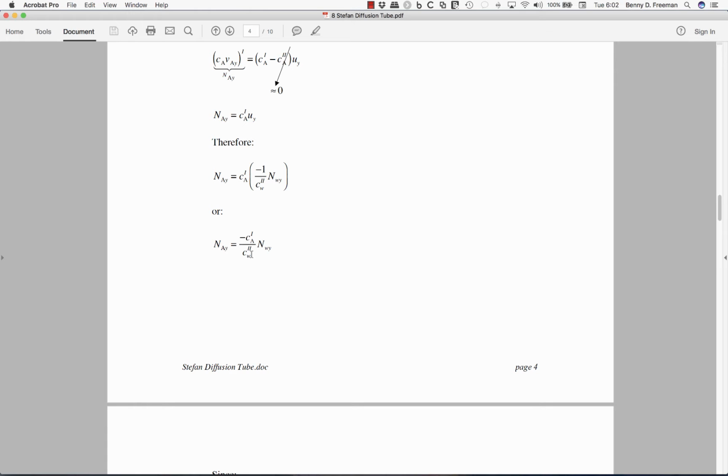And based on these concentrations, the concentration of air in the gas phase divided by the concentration of water in the liquid phase, that number is going to be very much less than 1. And so, as you would expect, the flux of air is much less than the flux of water.